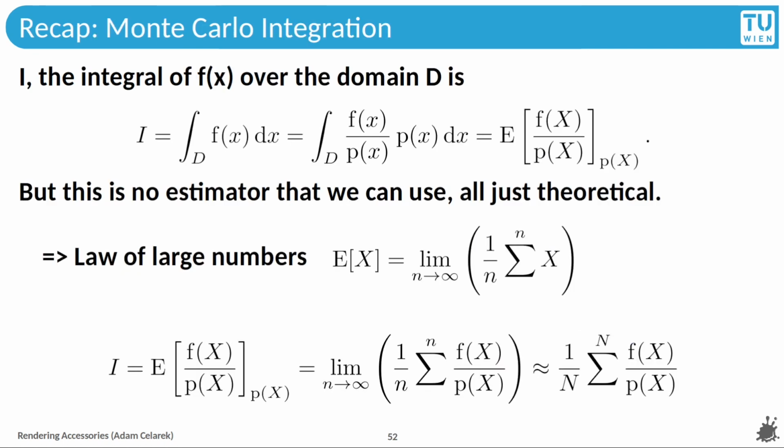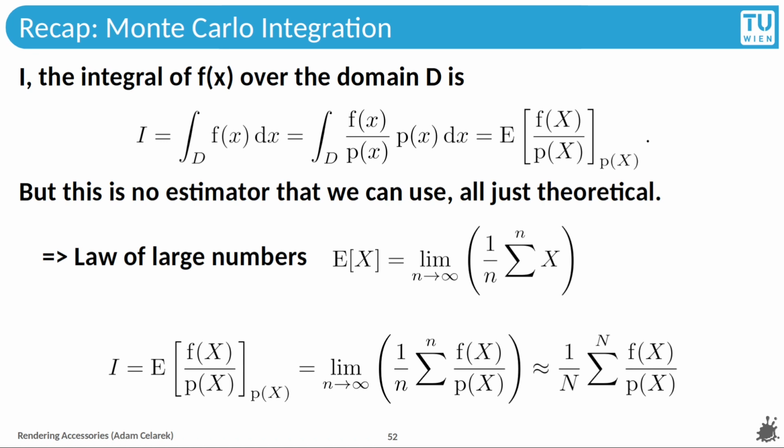We are focusing on unbiased Monte Carlo integration, and at this point I would like to make a super brief recap. I is the integral of f over a certain domain D. We can multiply f by p over p and turn that into an expectation using a sampling strategy that creates samples according to the PDF of p. That is not an estimator, as we have no procedure for estimation yet.